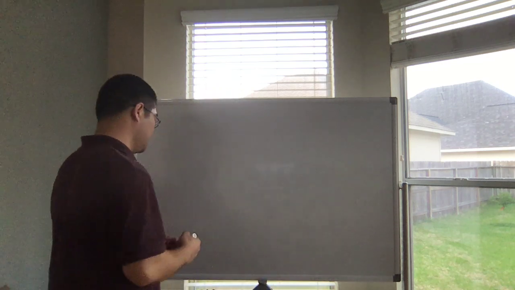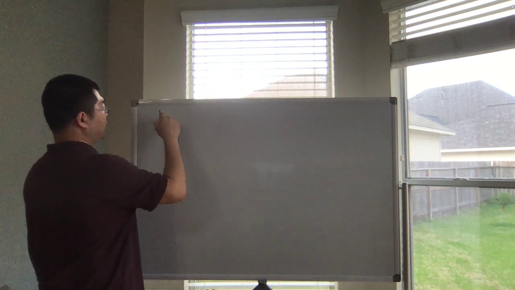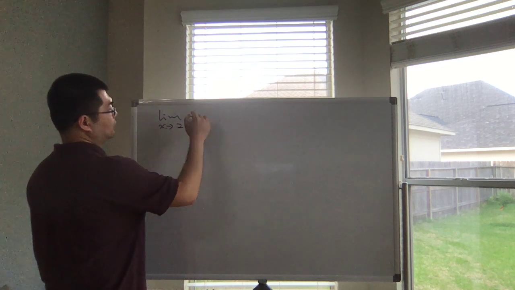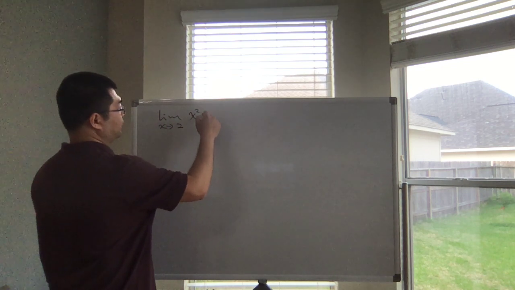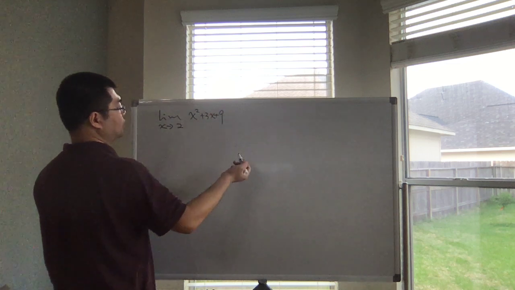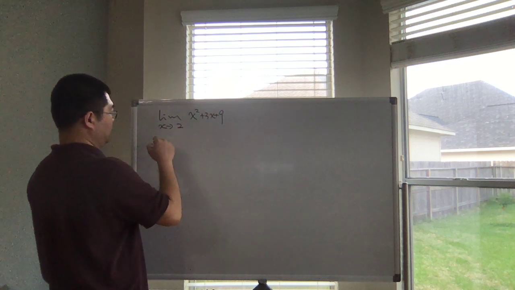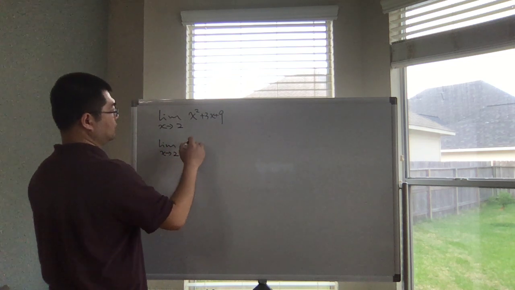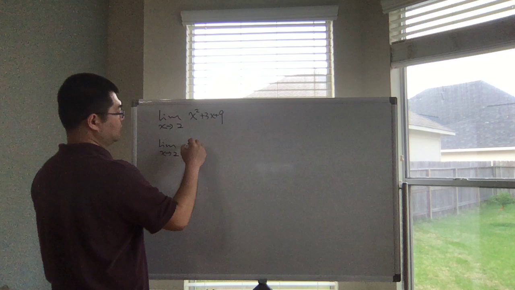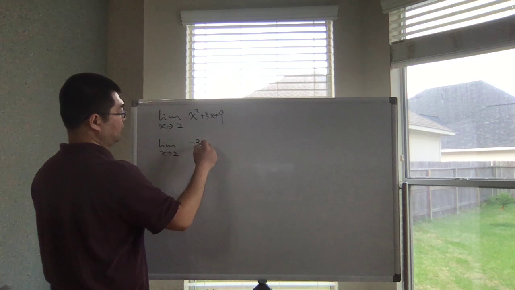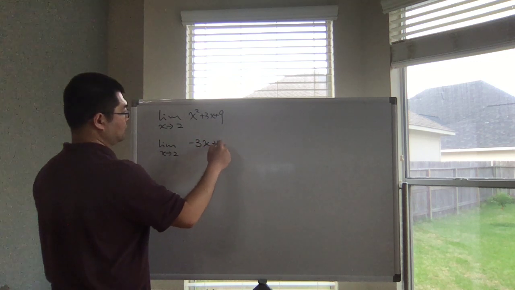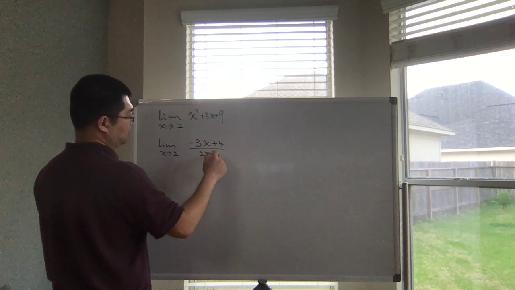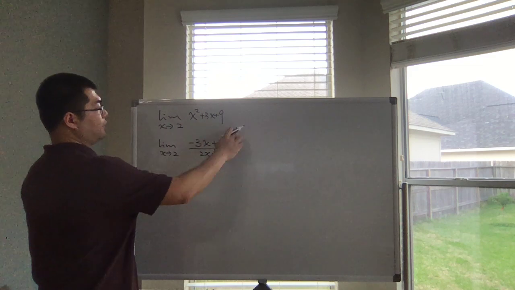Okay, so let's do this. Let's assume we have a limit as x approaches 2 of f(x) = x squared plus 3x plus 9, and the limit as x approaches 2 of g(x) = negative 3x plus 4 over 2x plus 5.